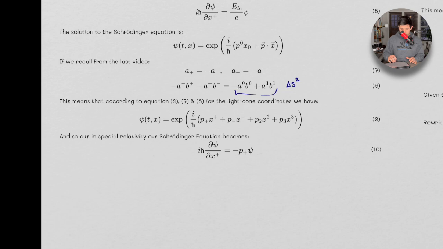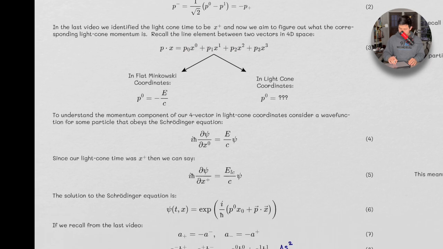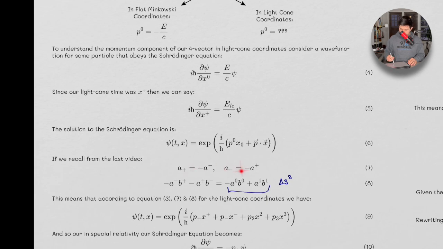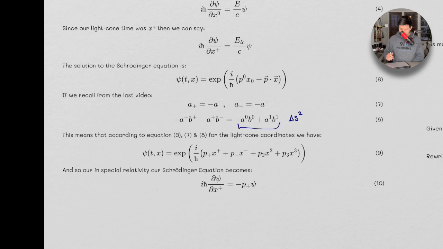This means that according to equations 3, 7, and 8, right? So this is why I label equations, to go through this relatively quickly. According to equations 3, 7, and 8, we can rewrite our solution in this way, where we're contracting pluses with each other, minuses with each other, and then our two other remaining spatial dimensions.